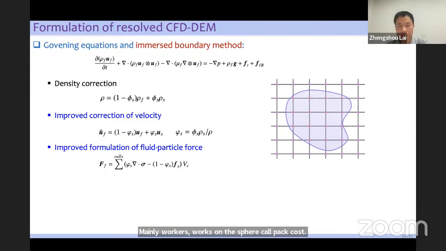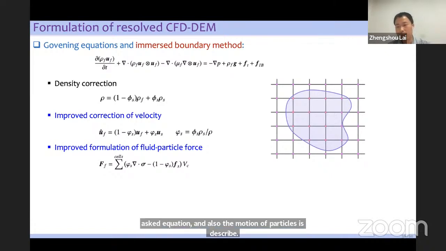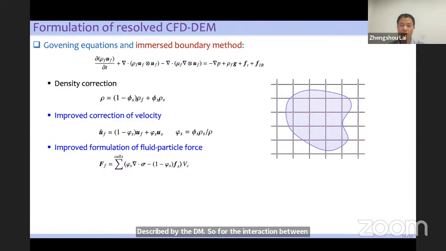We integrate the CFD-DEM with our SDF-DEM to provide the capability to model irregular shape particles. In the resolved CFD-DEM, we have the conventional NS equation, and the motion of particles is described by the DEM. For the interaction between particles and the fluid, we use the immersed boundary method to calculate the particle-fluid forces.